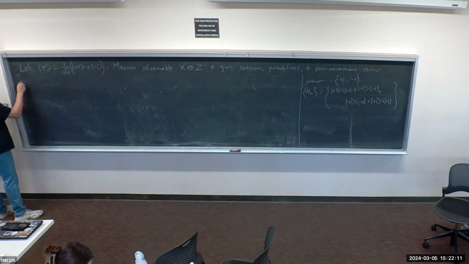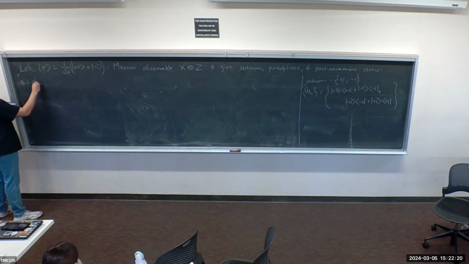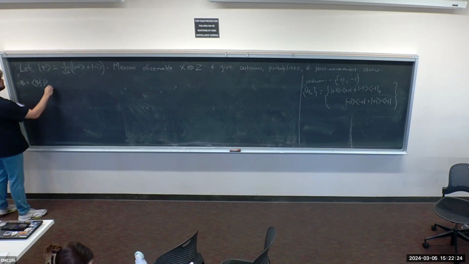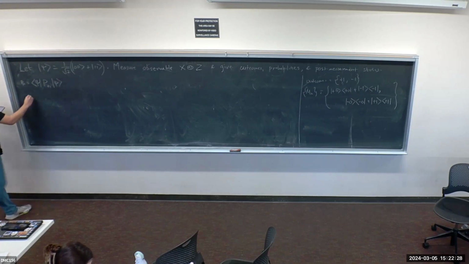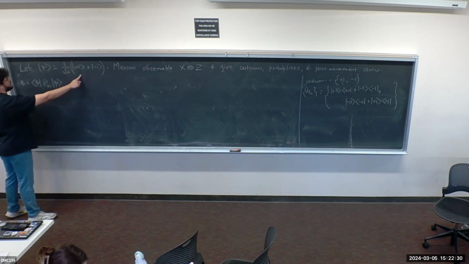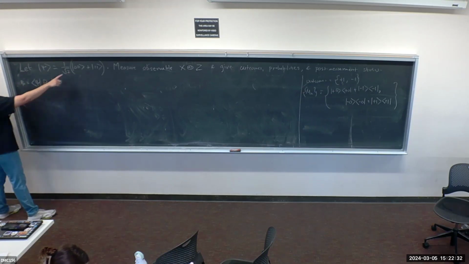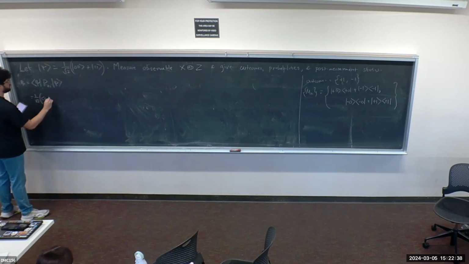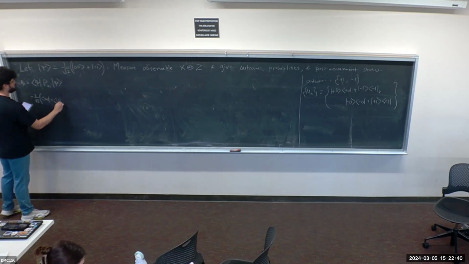So the probability of outcome +1, let me just write it as a subscript, will be given by the formula psi, the projection operator for the +1 outcome, and psi. We just have to write it. This is our psi. So taking the dagger of this will give you 1/√2 bra 0 0 plus bra 1 1.